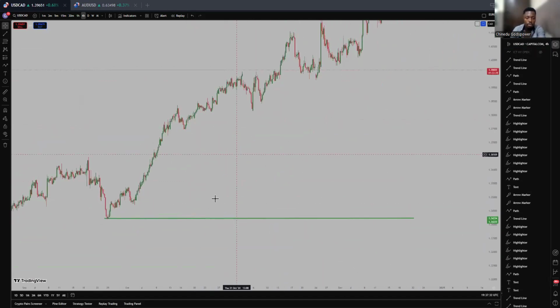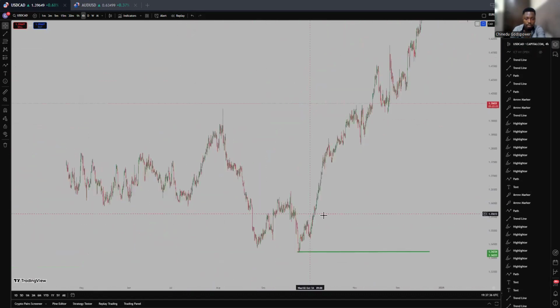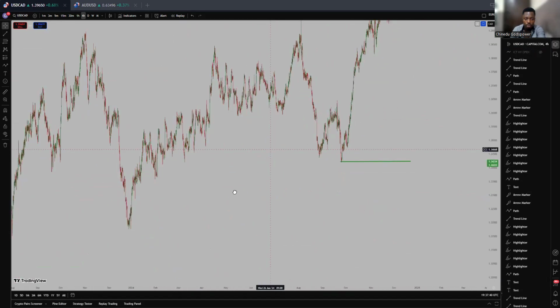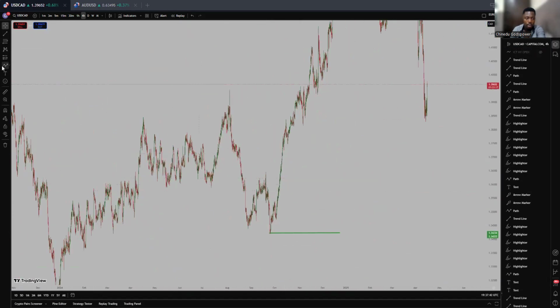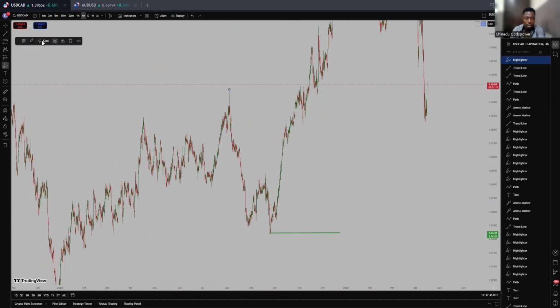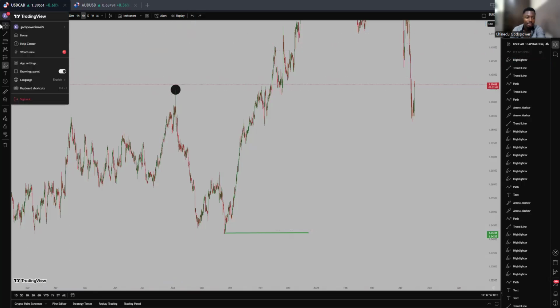Price came here and pushed higher than this high, thereby breaking structure. Can we see this? This is the high that was created. Let me use our highlighter. This is the high that was created. This is a low. This is too much. Let me use this one.